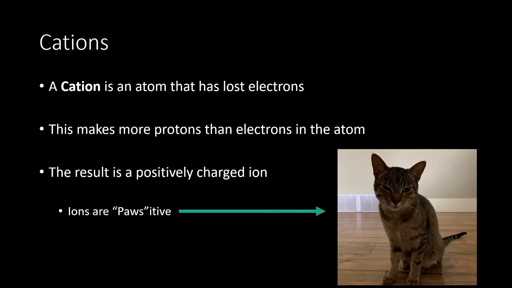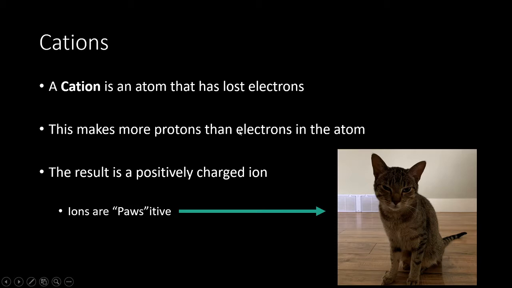So I wanted to take a look at some of the different types of ions that we can encounter. The first type of ion is what we call a cation. That's why I worked in a picture of my own cat, any excuse to talk about him. Okay, but a cation is something that has lost electrons.